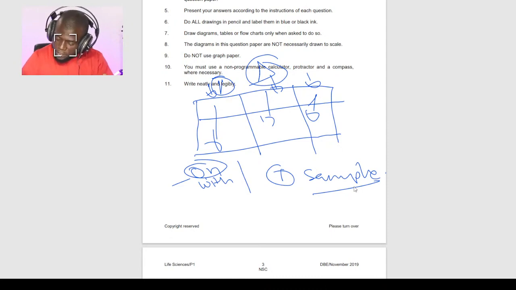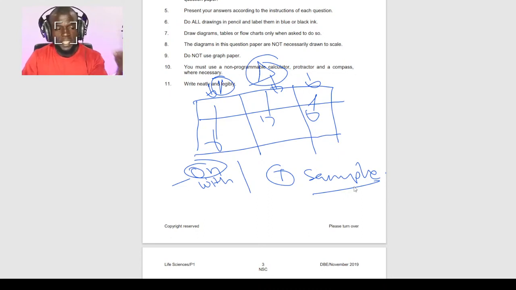Another question is, how do we increase the validity? Or how do I know that the experiment is valid? Here, when you talk about repeating, that is not only a reliability point.